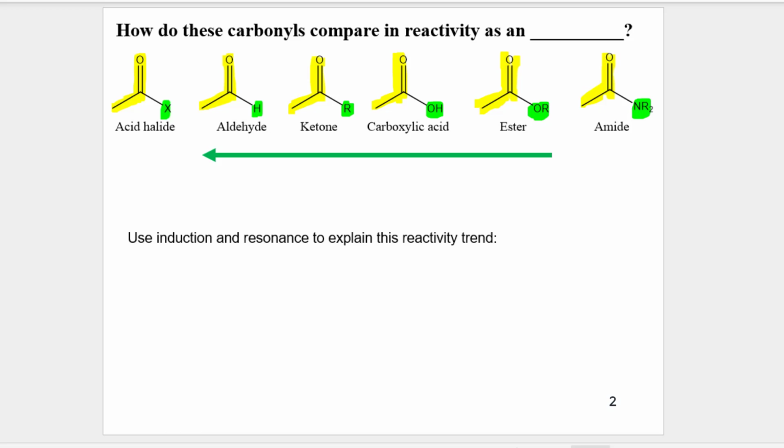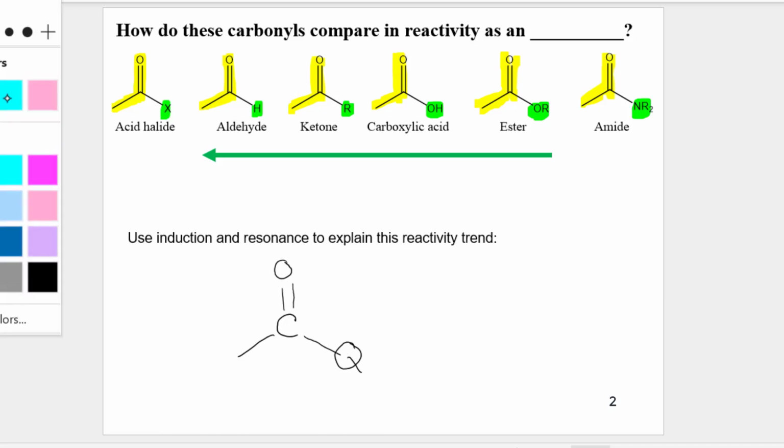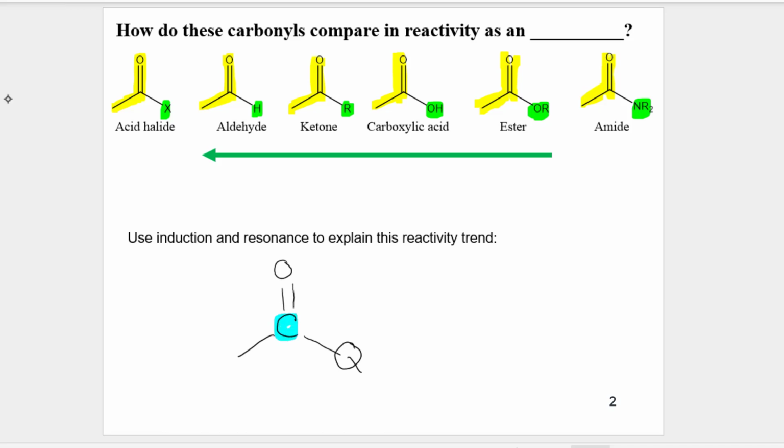So these are the functional groups we're going to be looking at, and the way that we're going to be looking at these functional groups is from the reactivity standpoint. I'm going to put a Q here, of the carbonyl being electropositive.